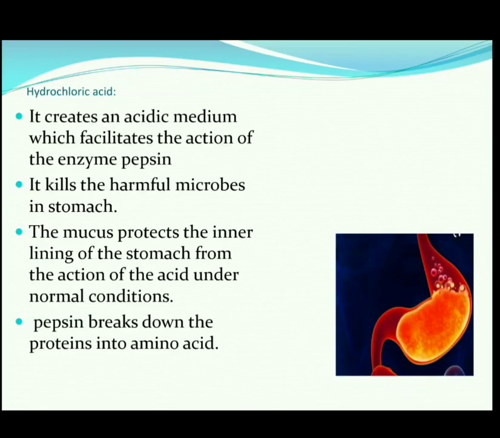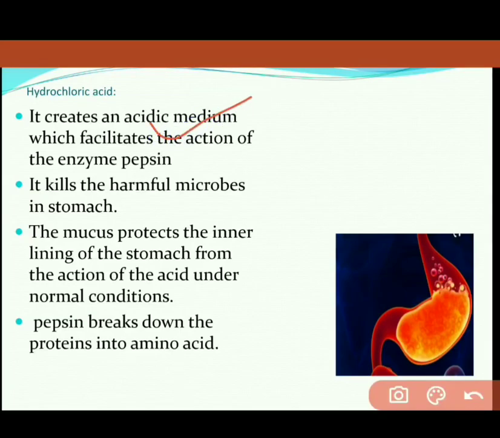Hydrochloric acid kills the bacteria and it acidifies the stomach. That means it creates an acidic medium which facilitates the action of the enzyme pepsin. So it helps pepsin to break down the proteins into amino acids.